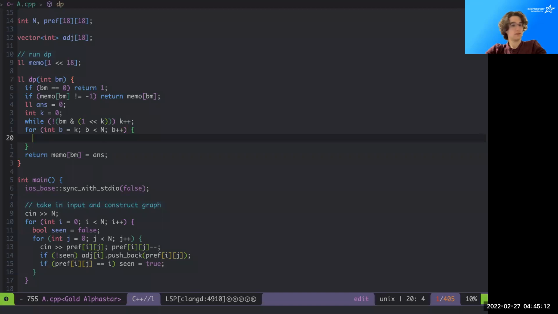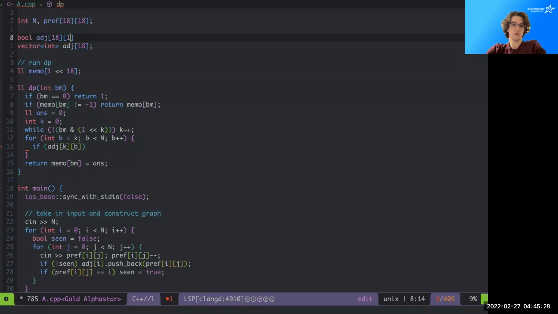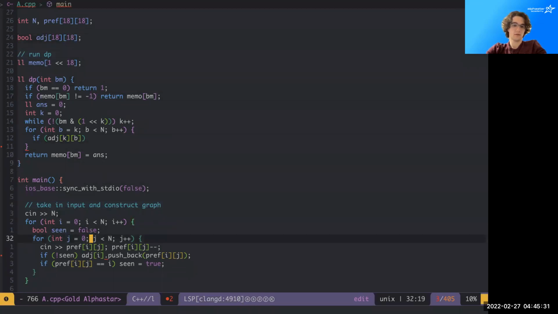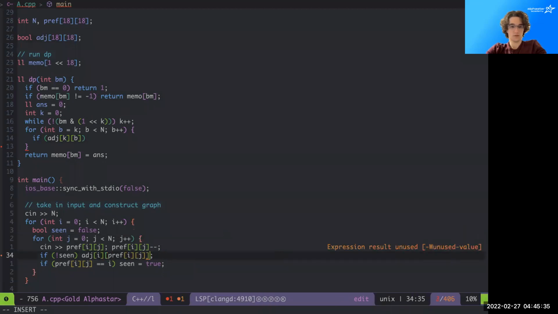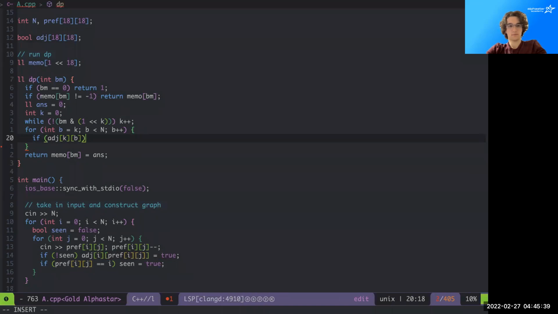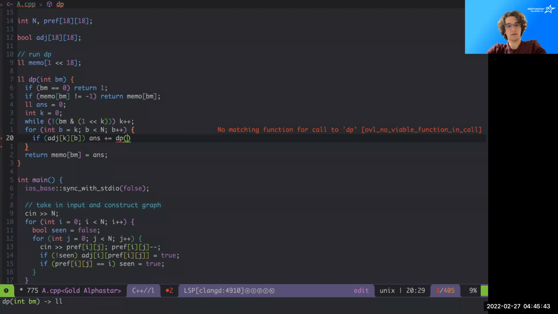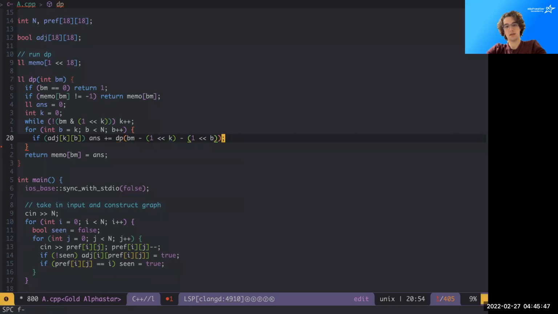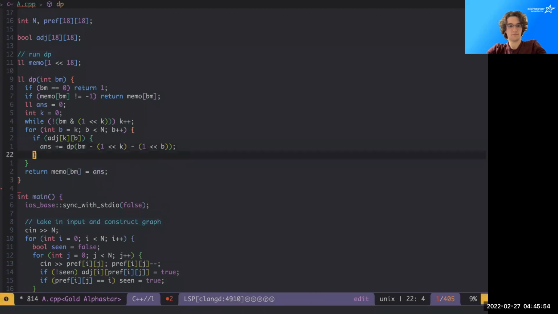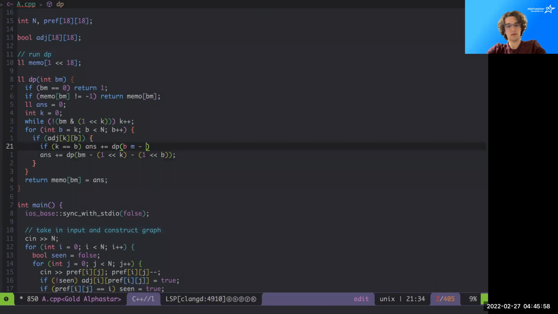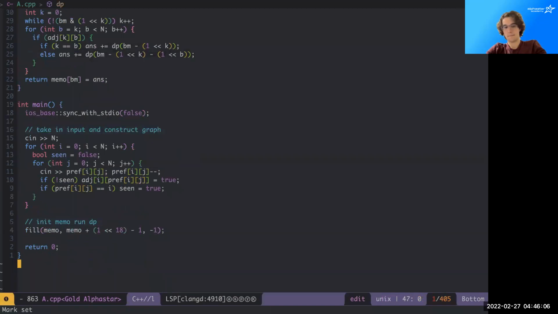So in this case, if adjacency K of B equals dp of bm minus 1 with a K minus 1 with a B, and this equals dp of B. Do a case work there.